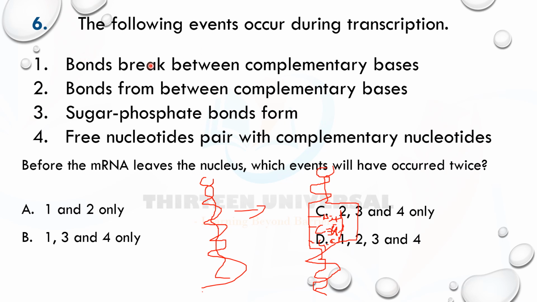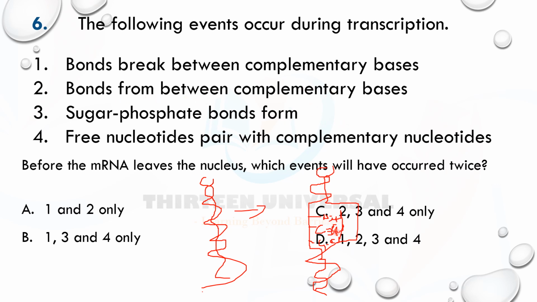So bonds are broken first of all when the DNA unwinds. Bonds between the two strands are broken. But after the unwinding process, after messenger RNA is synthesized, the hydrogen bonds between the bases on messenger RNA and the template strand must be broken. So bonds are broken twice. Bonds are formed between complementary bases twice.